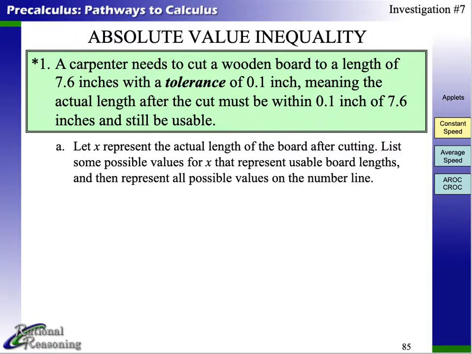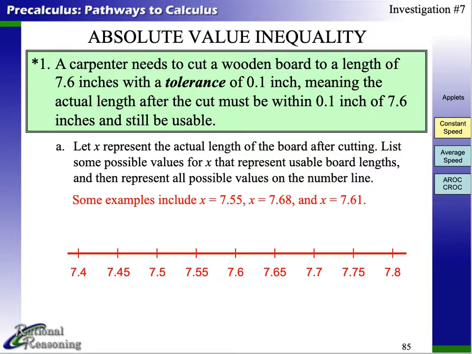So let X represent the actual length of the board after cutting. So what are possible values? 7.5 or a little bit larger, 7.7 or a little bit smaller. All of these would work, right? They're all within 0.1 inch.